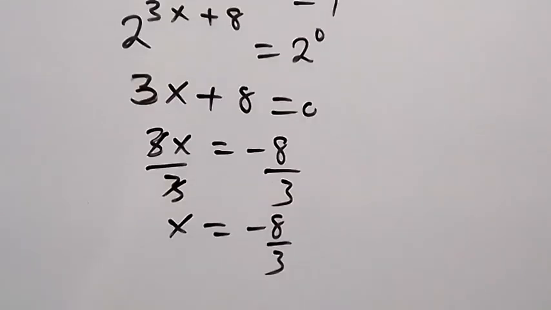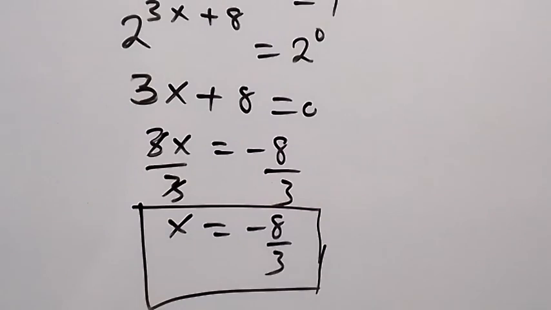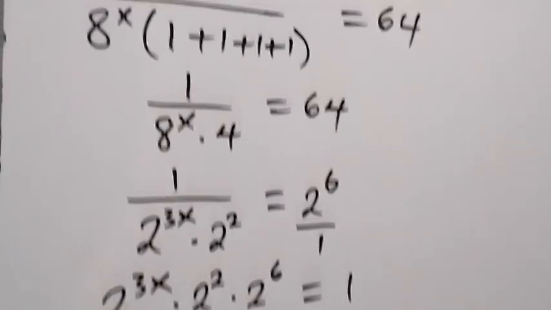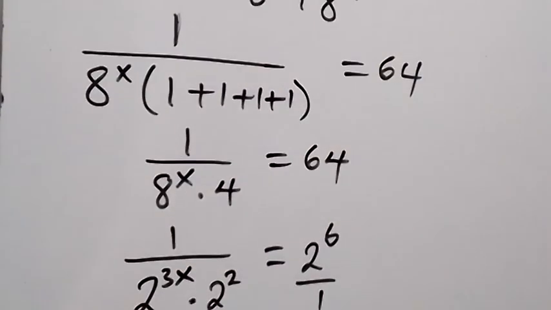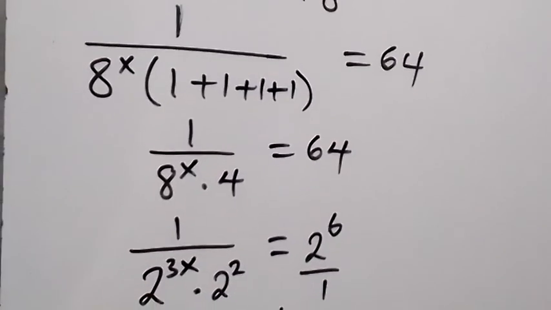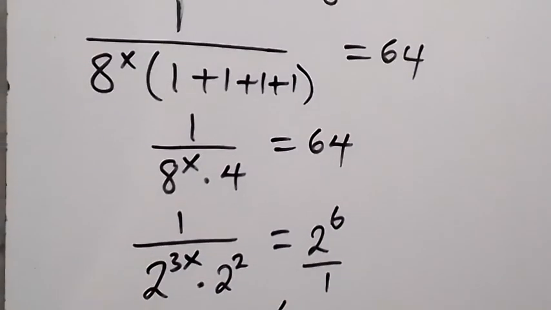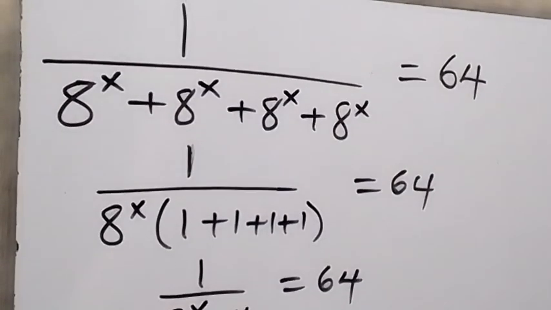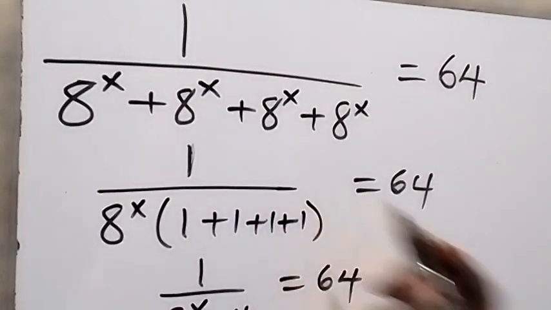Then we can put this value of x in the equation given in order to confirm that the solution is correct. From what we have, 1 over 8 raised to power x in 4 places here, added together.